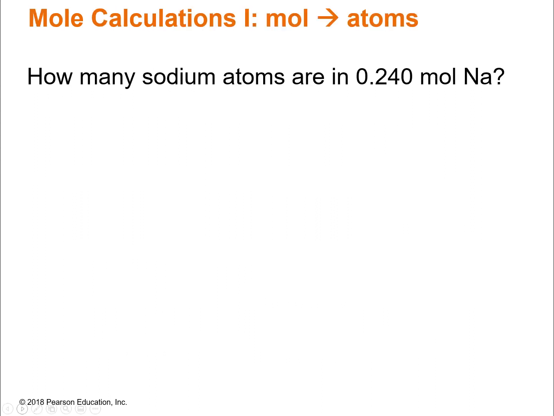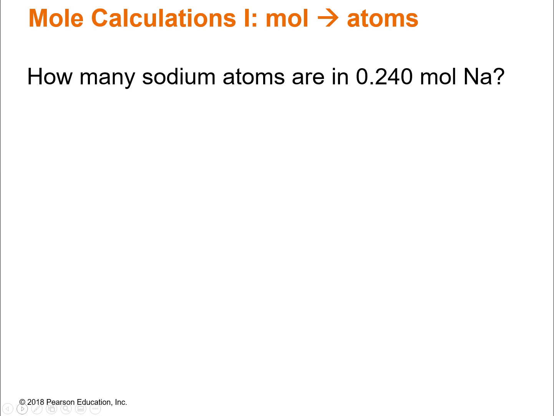Now, how can we use that? Well, what we're doing in this chapter is we are building our skills so we can do more complicated calculations involving chemical equations. So we're building the foundation in Chapter 8 to learn how to use the mole and a few other numbers. And then we'll combine all of that in Chapter 9 to figure out how much of a product you can make or how much reactant is required.